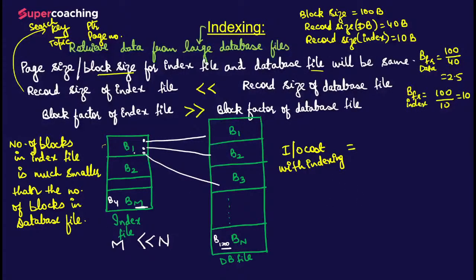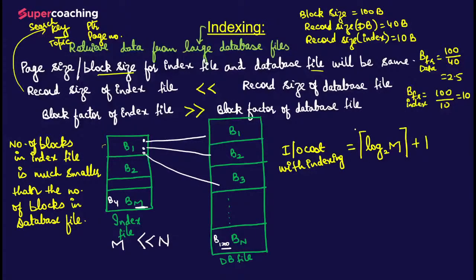Now the index file here is always sorted, ordered. So the IO cost will be log base 2 of the number of blocks of the index file. First we have to find the entry in the index, so log base 2 m. Once you get the page number, then we have to refer to that particular page.